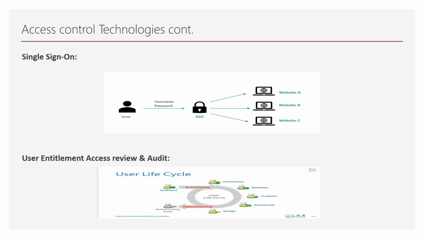Now the next topic talks about your access control technologies, where we talk about single sign-on. So when we talk about single sign-on, it basically allows multiple systems to use a central authentication service. So basically the user has to authenticate once, and they can have access to multiple different systems. But there is a thin line of difference between single sign-on and federation.